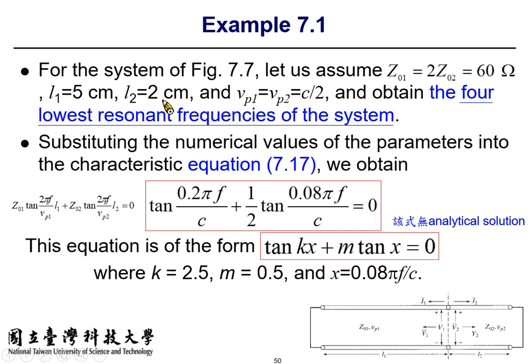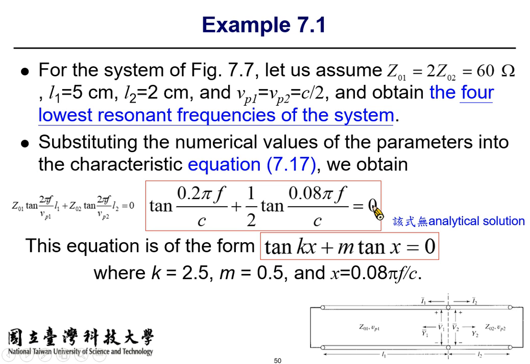The one on the right is shorter, only 2 centimeters. The velocity of propagation on both lines is half of the speed of light, so it's c over 2, that is 1.5 times 10 to the 8th. And we want to obtain the 4 lowest resonant frequencies of the system.